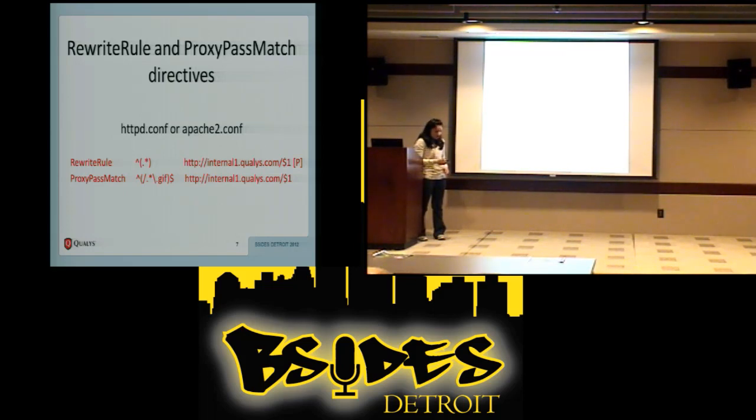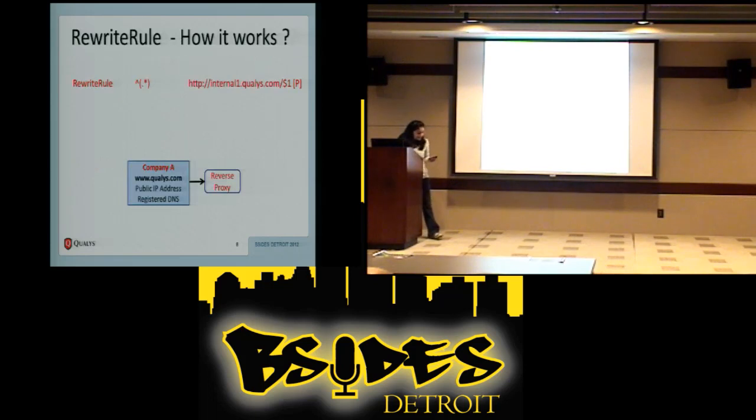So you have the regular expression, and then finally you have the rewrite rule. Now you might wonder what the P flag here is for this particular directive. That is just a way of configuring reverse proxying with Apache. So it's just a syntax thing.